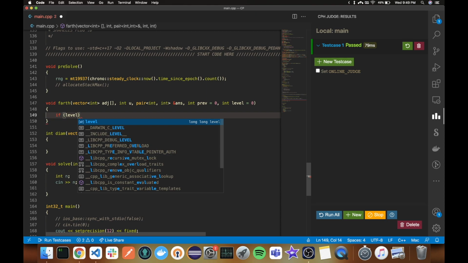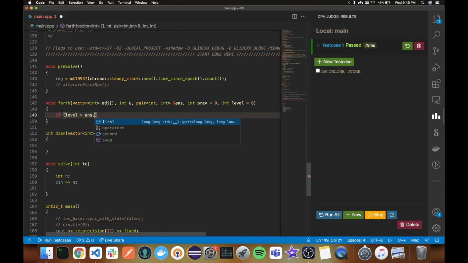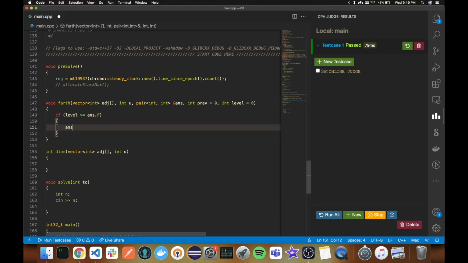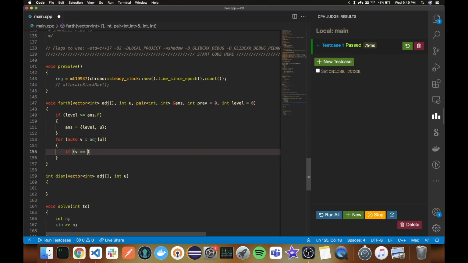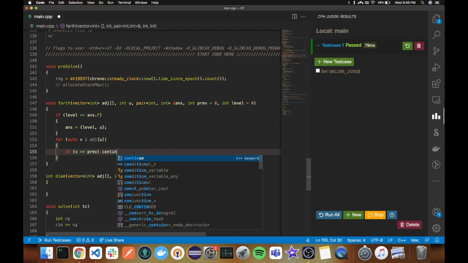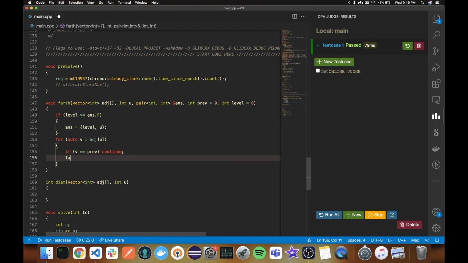If level greater than answer dot first, if that is the case, then answer equals to level and u, for auto v. Otherwise I'm gonna get the furthest.